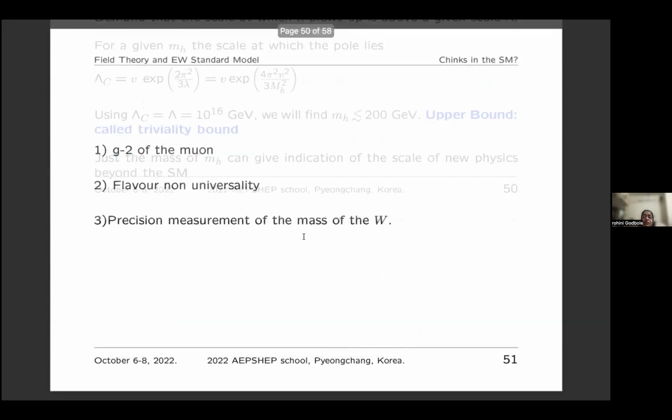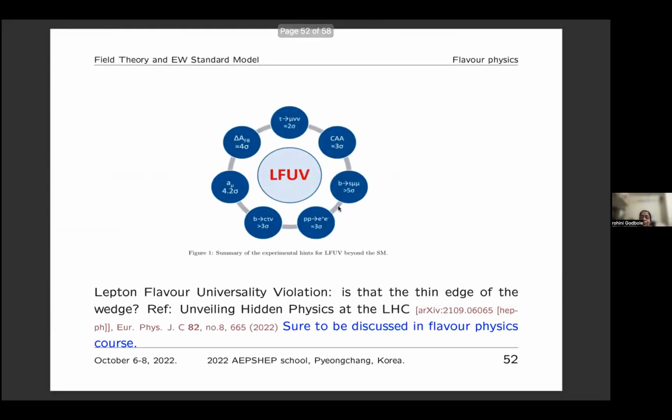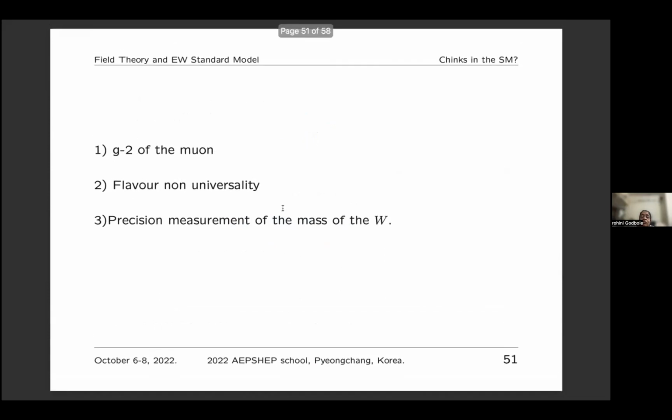And these are the three chinks in the armor of the Standard Model. One is the g-2 of the muon, one is the flavor non-universality, and one is the precision measurement of the mass of the W. I'm sure you're going to discuss a lot about this lepton flavor universality violation in your flavor physics course. In the Standard Model, flavor universality is almost there by construction.